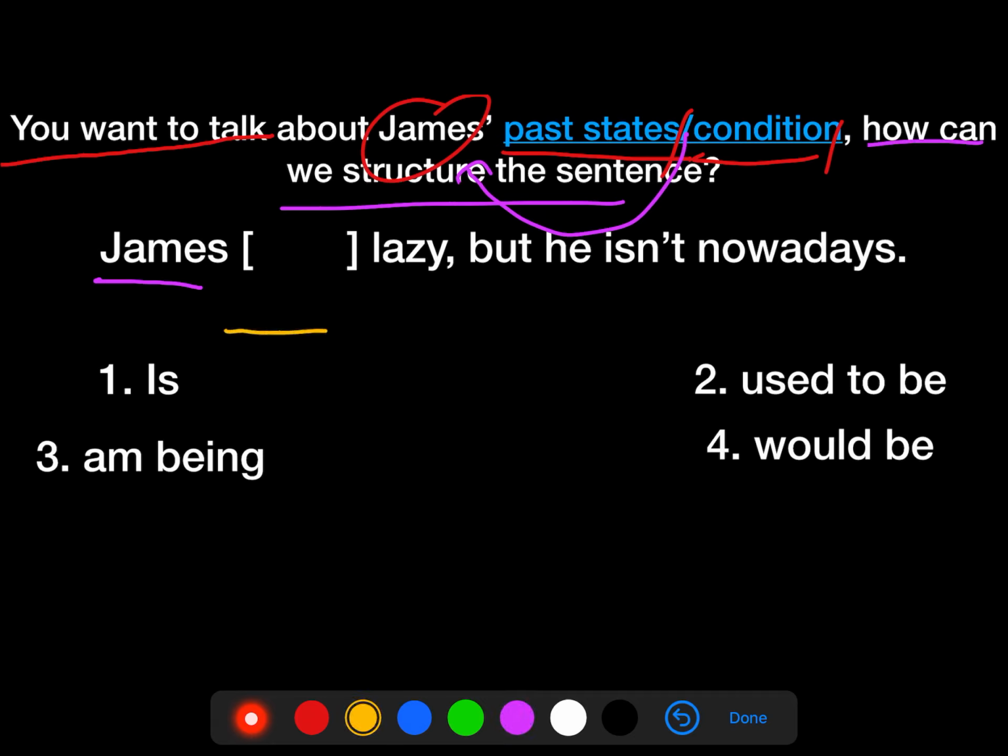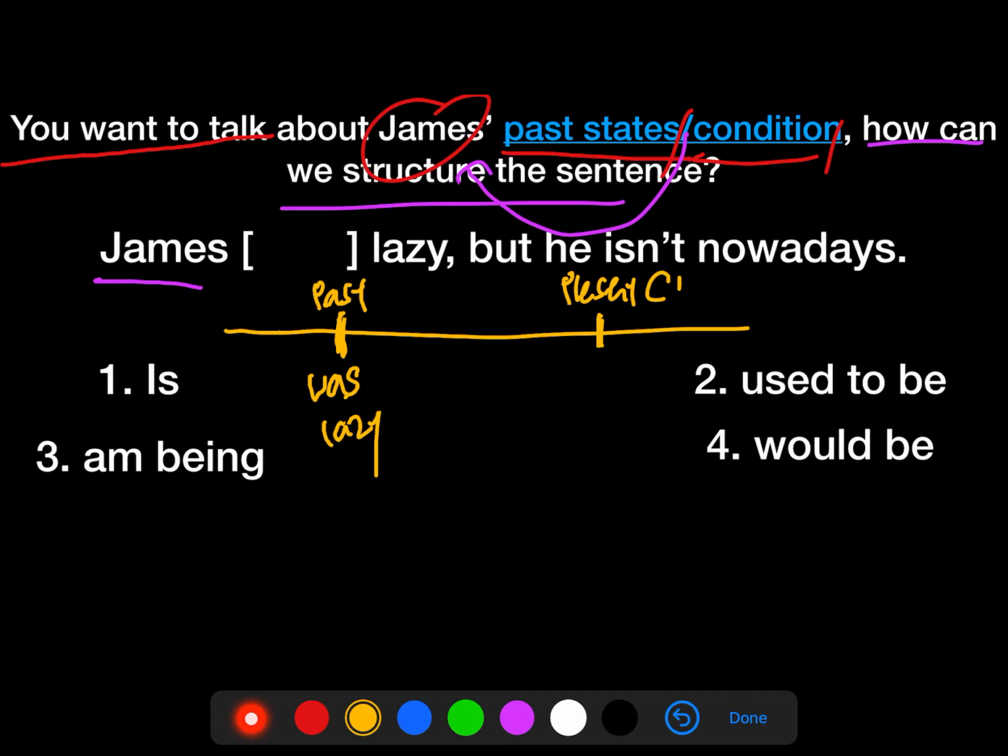So, let's draw a timeline to make it a bit easier. So, James, in the past, was lazy, but I think in the present, right now, he's really busy, hardworking.